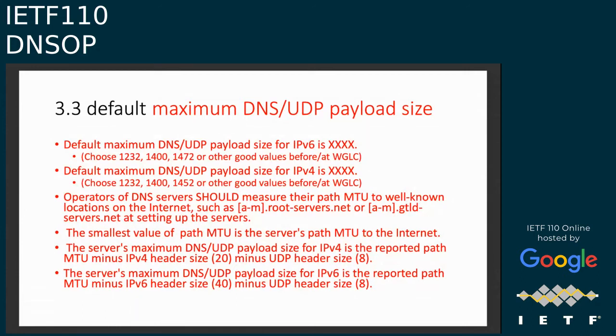Operators of DNS servers should measure their PathMTU to well-known locations on the internet, such as a.root-servers.net or a.gtld-servers.net, at setting up the servers and or periodically. And the smallest value of PathMTU is the server's PathMTU to the internet. The server's maximum DNS UDP payload size for IP version 4 or version 6 is the reported PathMTU minus version 4 or version 6 header size, 20 or 40, minus UDP header size 8. Next slide, please.